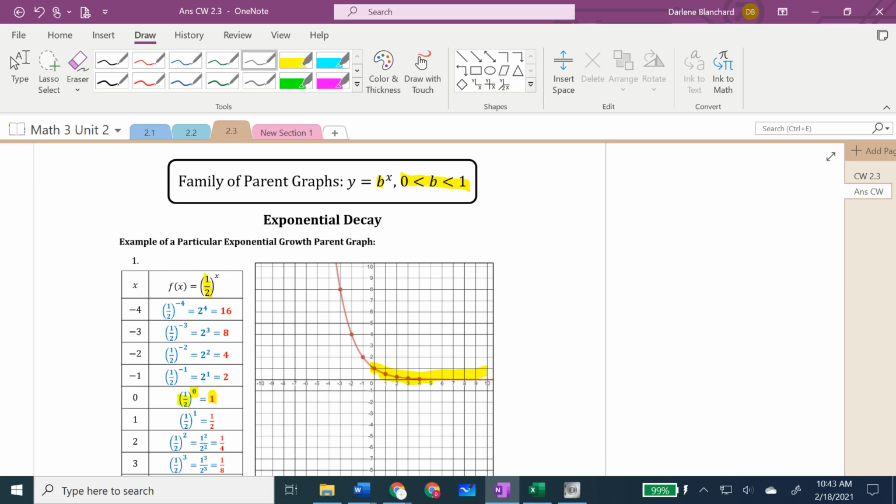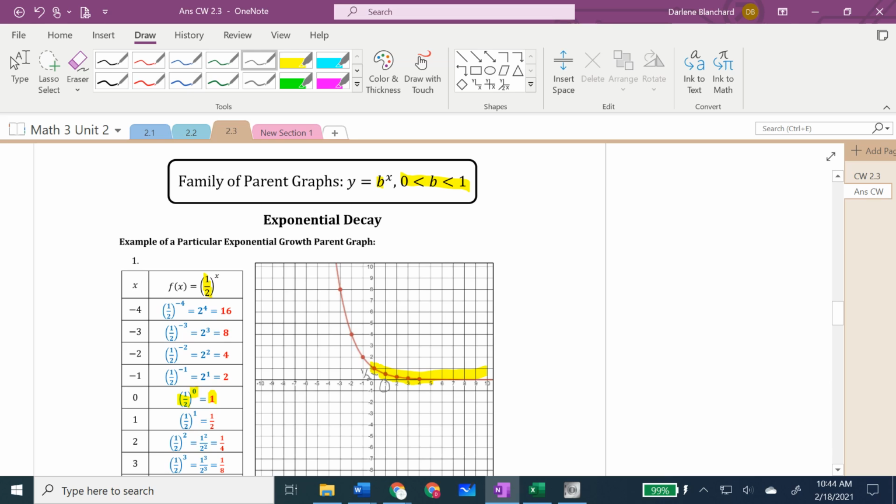If you want a second point, you can stick with the idea that I gave you before, which was when x is equal to 1, y is equal to whatever the base is. But people don't tend to like to plot fractional numbers.